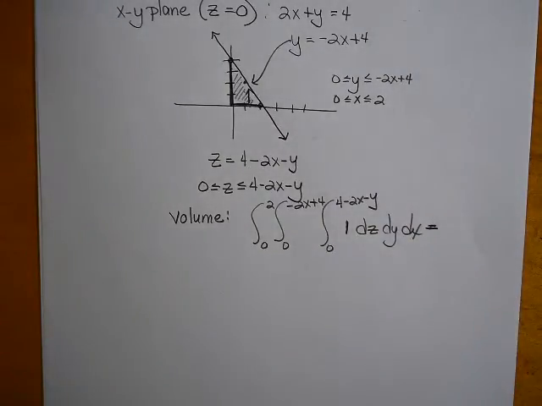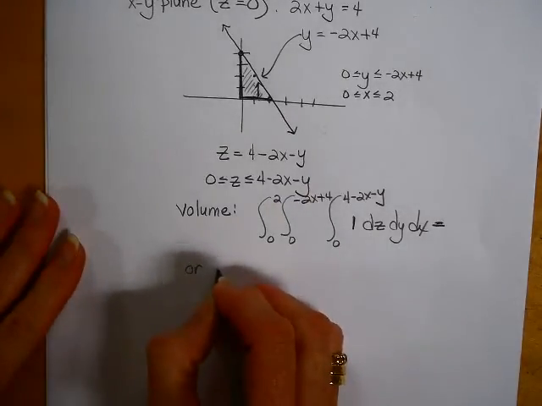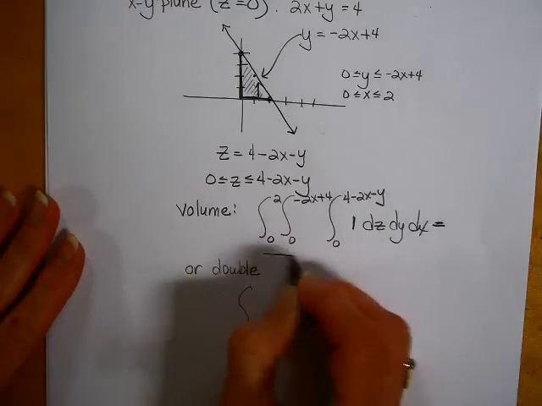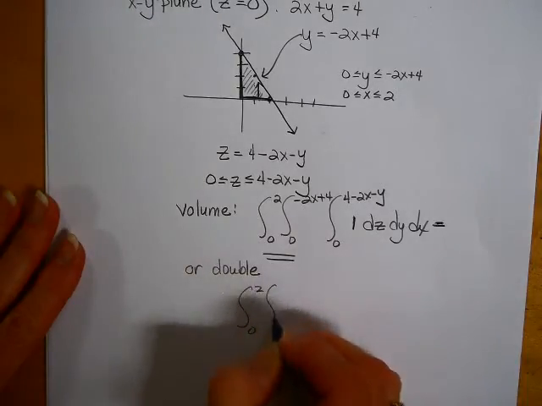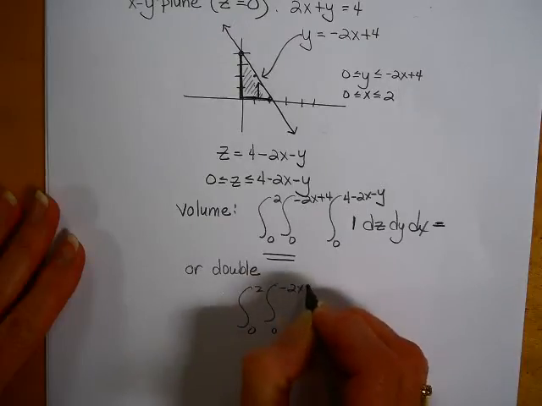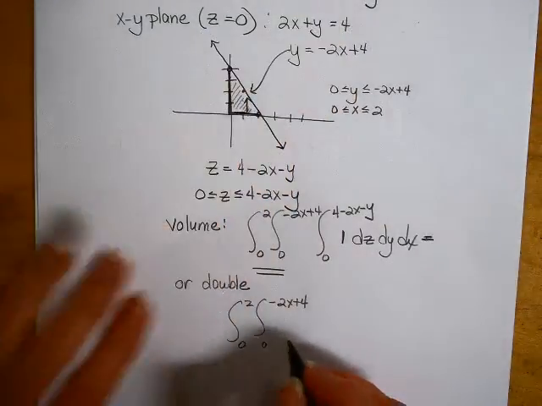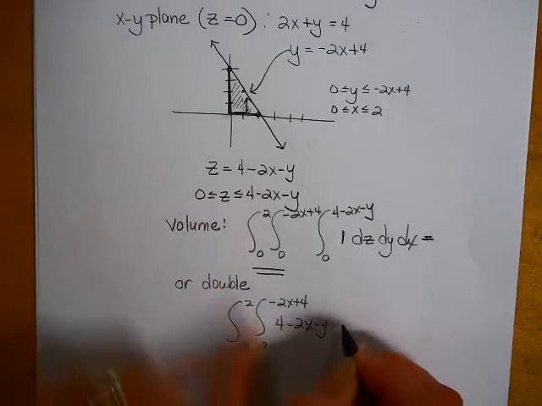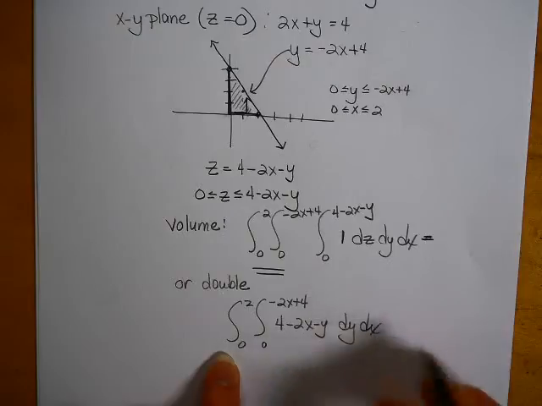Now, if they hadn't said do this with a triple integral, you could have done it with a double integral, because we did volumes before with a double integral, if you know how to set that one up. If you use a double integral, you're integrating your function, which is 4 minus 2x minus y, dy dx.